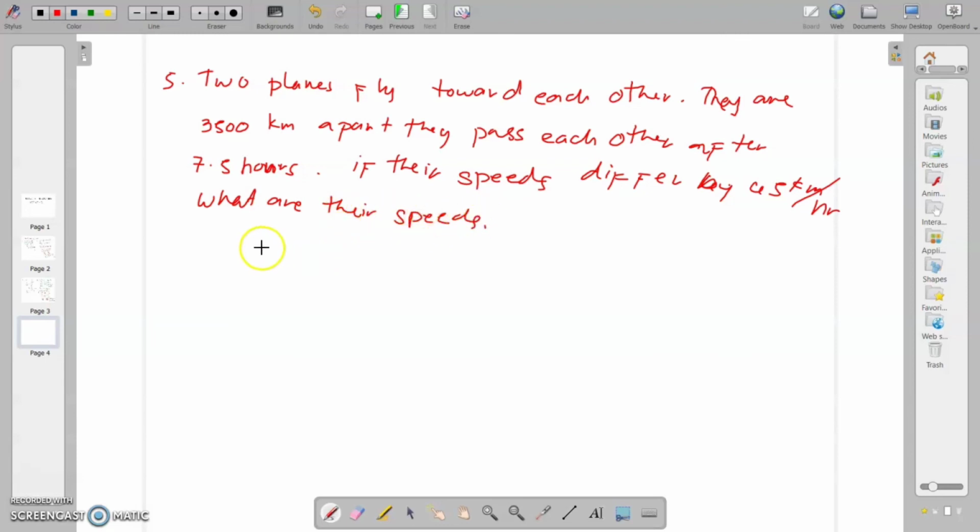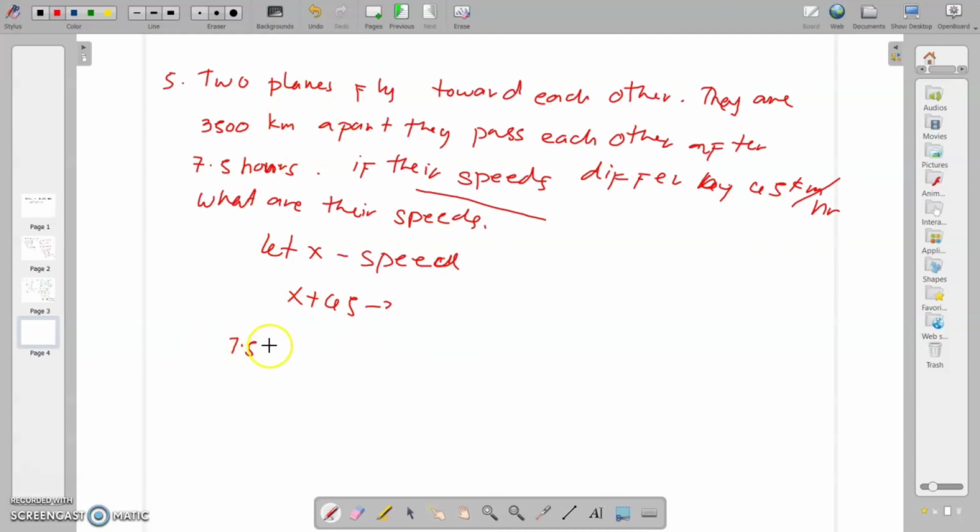So mag-let ka pa din. Let x be the speed. Then the second speed, their speeds daw differ by 65, so x plus 65. Next is integrate the sentence into another equation.